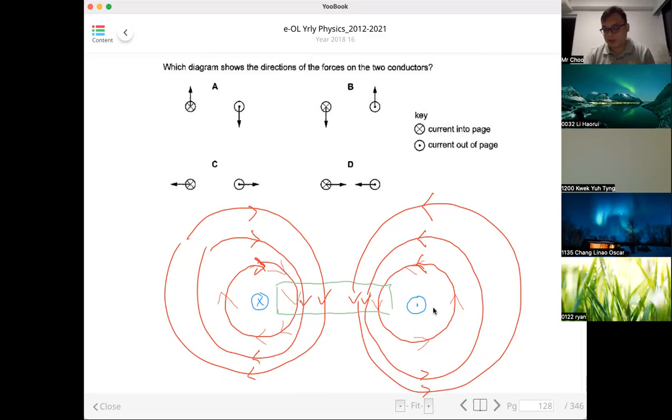Because there are so many obstacles in between, they actually move away. Everyone, are you clear about this now? So can you tell me your answer now? Very good. Well done. So the answer will be C. Is that clear for everybody?